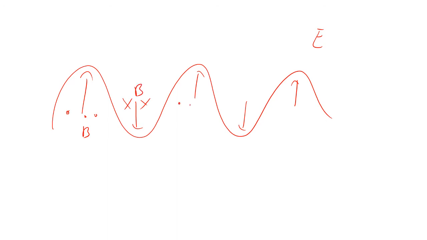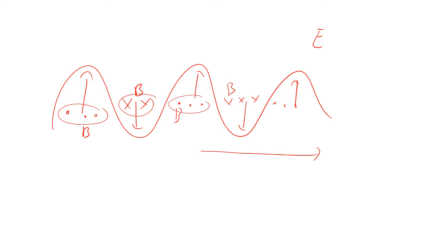Where the electric field's up, the magnetic field's out of the board. Where the electric field's down, the magnetic field is into the board, and so forth. So that corresponds to light moving this way. If light were moving to the left, then these would all be into the board, that'd be out of the board, that'd be into the board, and so forth. So it'd be the other direction if light were moving in the other direction.